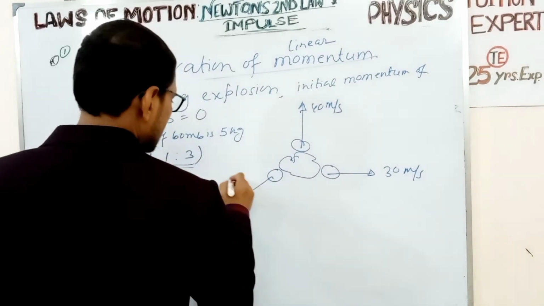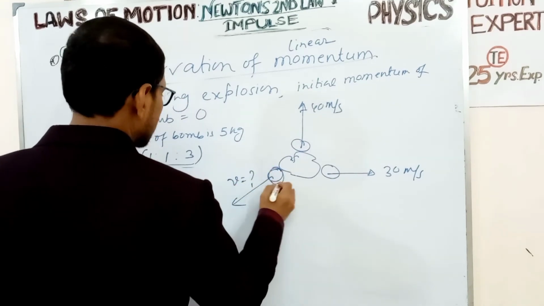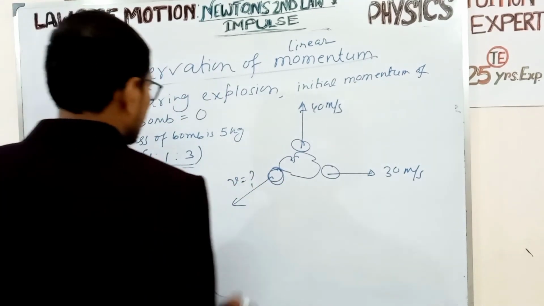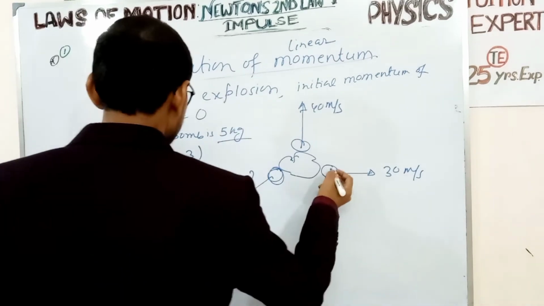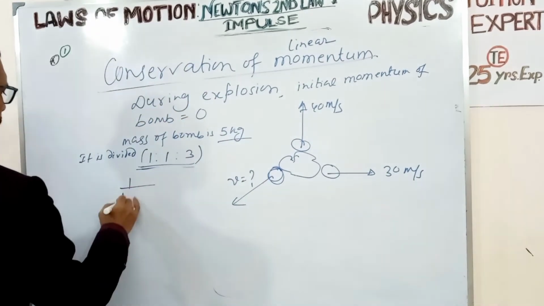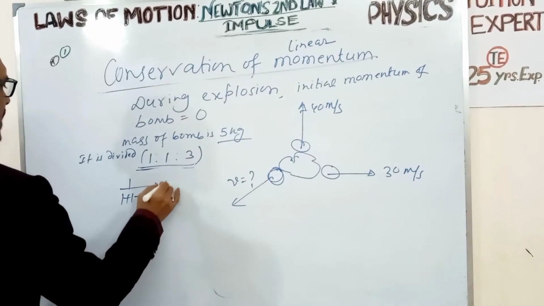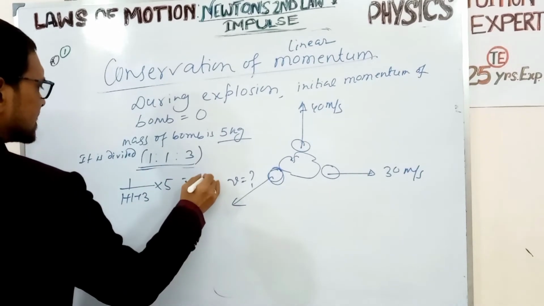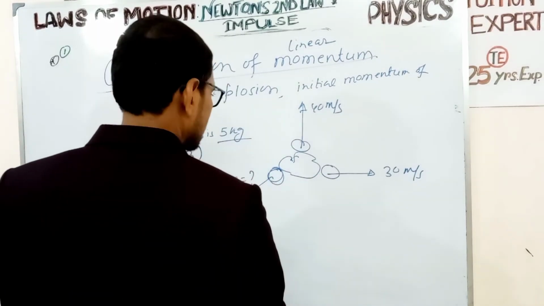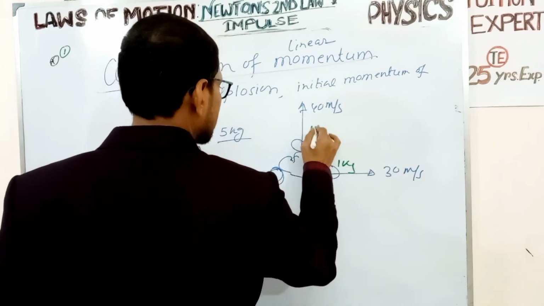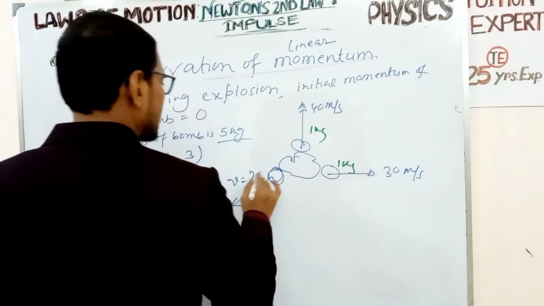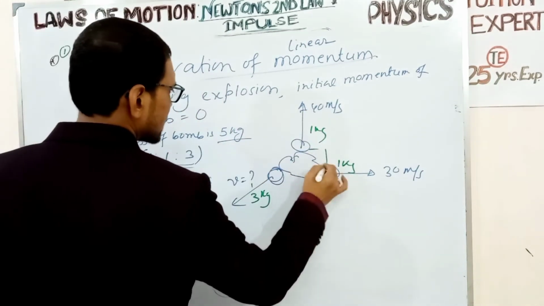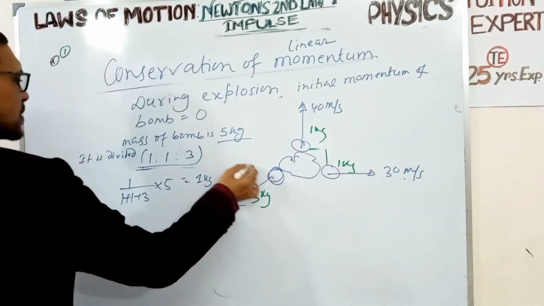Now what is the velocity of the third part? The total mass is 5 kg, so the mass of this is 1 by 1 plus 1 plus 3 into 5, that is 1 kg. So this is 1 kg, this is 1 kg, and this is 3 kg. If the two parts move perpendicular to each other with velocities 30 and 40, what is the velocity of the third?